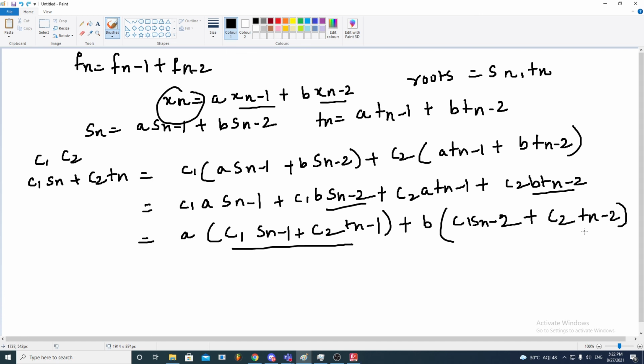Do you see that the equation above is similar to this equation, where x of n minus 1 is this term and x of n minus 2 is this term? So x of n, the solution of this equation, is c1 s of n plus c2 t of n. That will equate to this equation, and that is the solution of the recurrence relation.